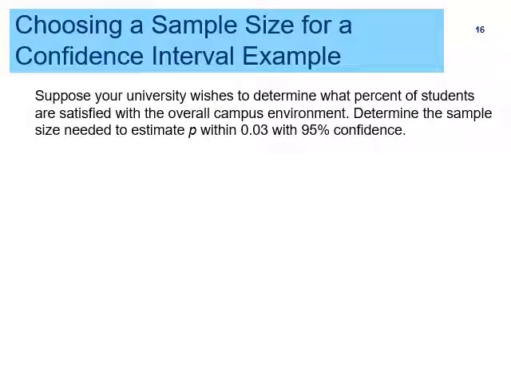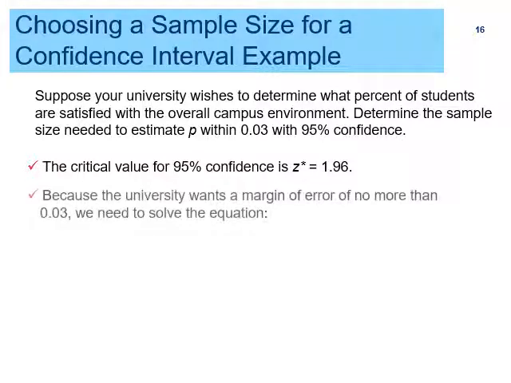So here's an example for calculating the sample size. The question is saying, suppose your university wishes to determine what percent of students are satisfied with the overall campus environment. Determine the sample size needed to estimate p within 0.03 with 95% confidence. The critical value for 95% confidence is 1.96, and because the university wants a margin of error of no more than 0.03, we need to solve the equation.